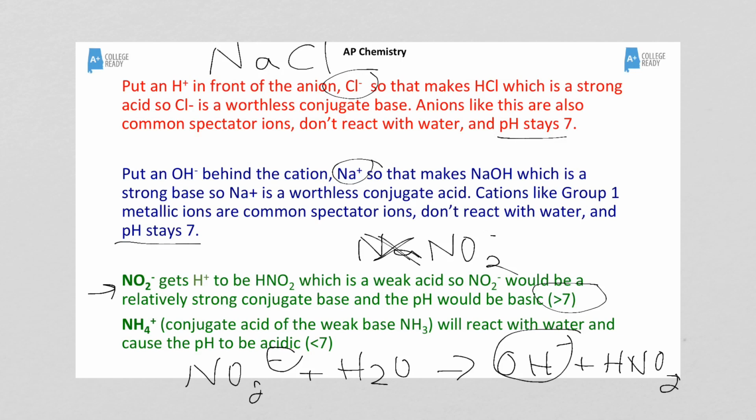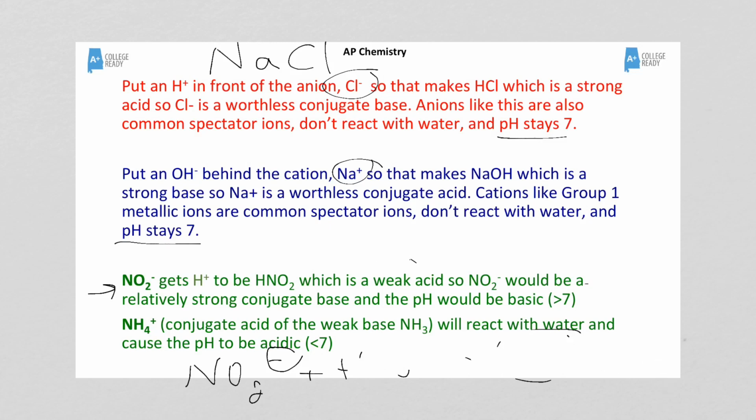Okay, let's move on to a cation that would affect the pH. So we said that the ammonium ion, or ammonia, is the most common weak base. So what happens when ammonium ion is part of a salt? So let's take ammonium, and I'm just going to mix it up, and I'm going to add it to nitrate.